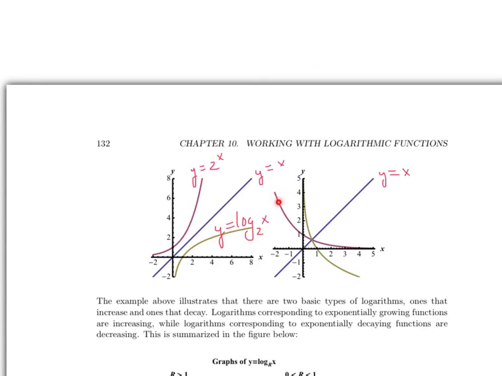Now let's look at this curve. This is an exponentially decaying curve. So it must have equation y equals 1/2 to the x. And if you notice the gold curve here and the diagonal, notice that what you're seeing on this side is the mirror image of what you're seeing on this side.